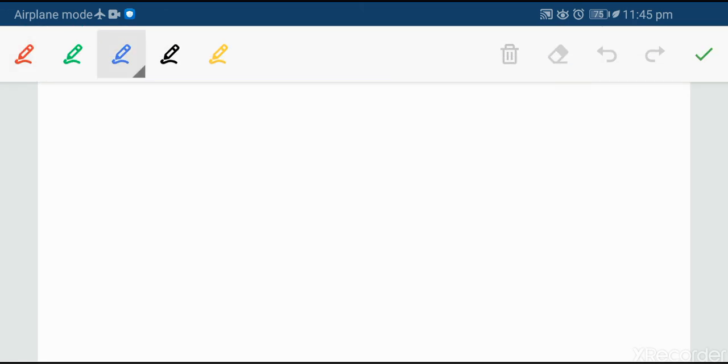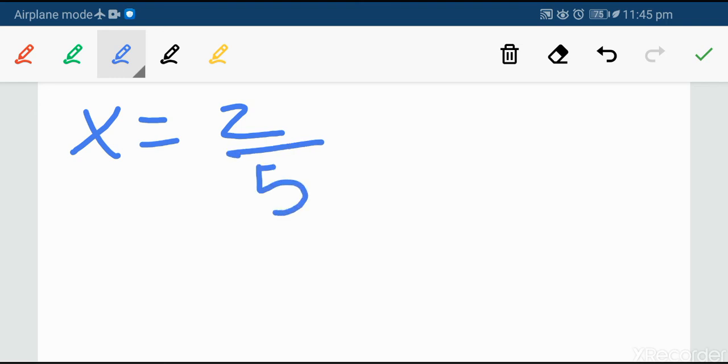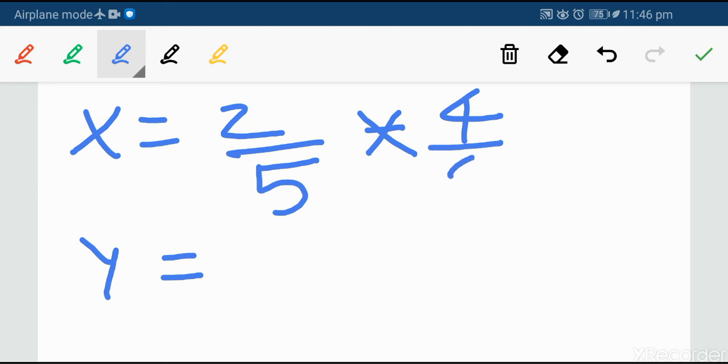For X it was 2/5. For Y it was 1/4. If we multiply by 4/4, then the 4/4 cancels to 1, and anything multiplied by 1 doesn't change its value.